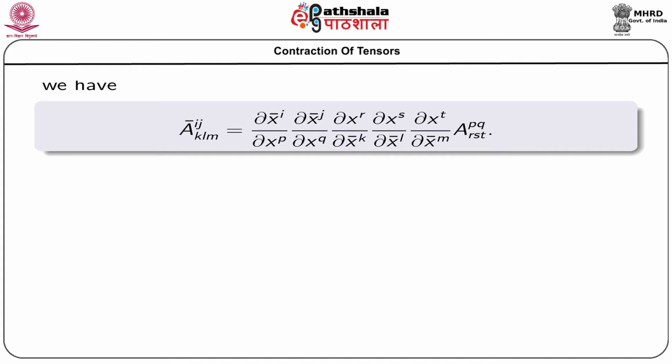These are for the contravariant part, and del x r by del x bar k, del x s by del x bar l, del x t by del x bar m, that is they are for the covariant part, with A p q r s t. This is the transformation rule for mixed tensor of type 2, 3. Now, we make the contraction.